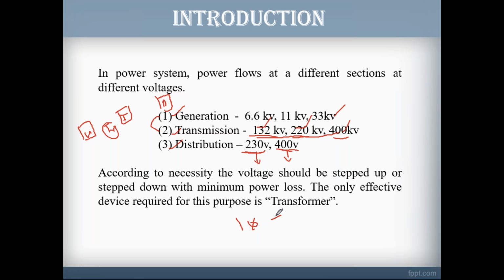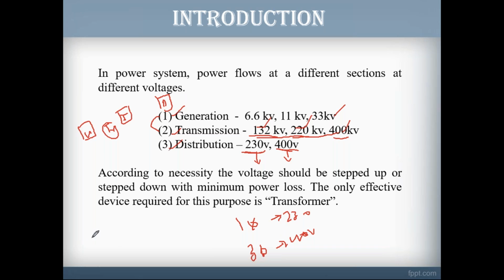Right. For single phase we have 230 volts. For three phase we have 400 volts. So this is the main purpose of the transformer in the electrical power system.